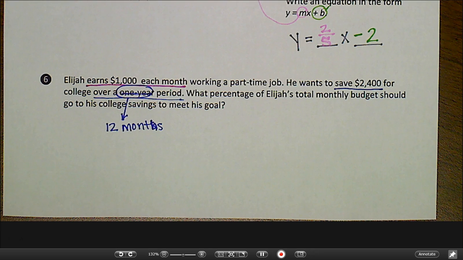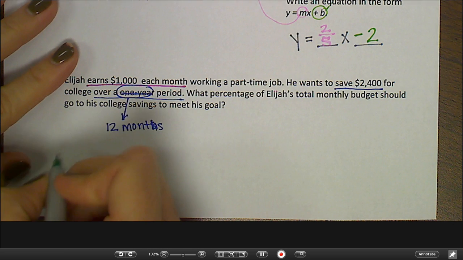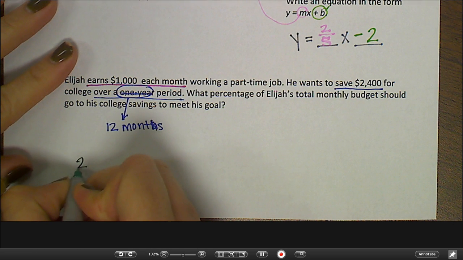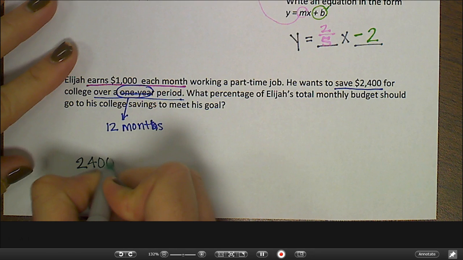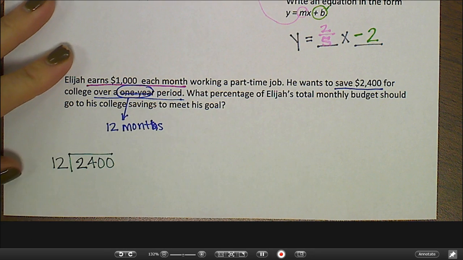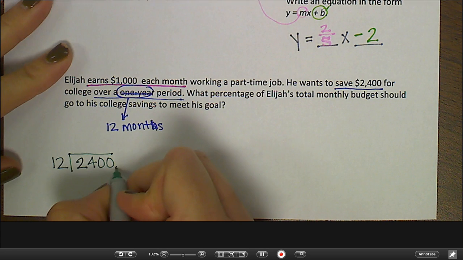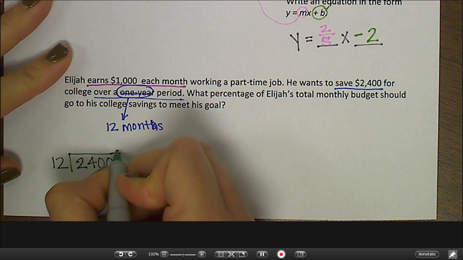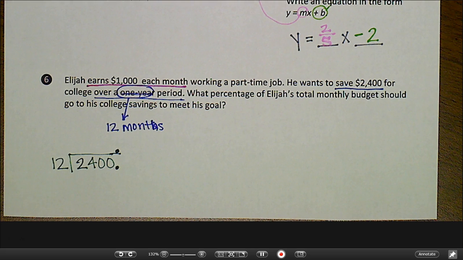So let's decide how much he needs to save each month. If he wants to save $2,400 and he has 12 months, let's see how much he needs to save each month. Put a decimal here, put it up in your quotient. I'm going to ask you to do this division, and then you'll push play to double check your work. So please pause the video now.